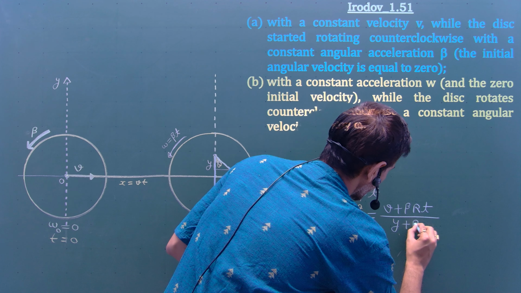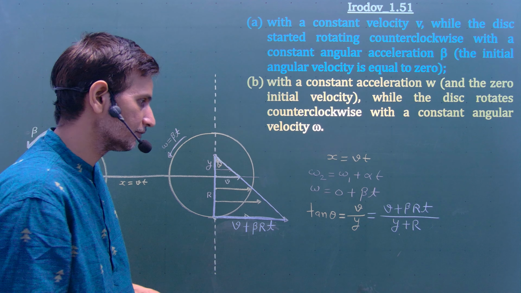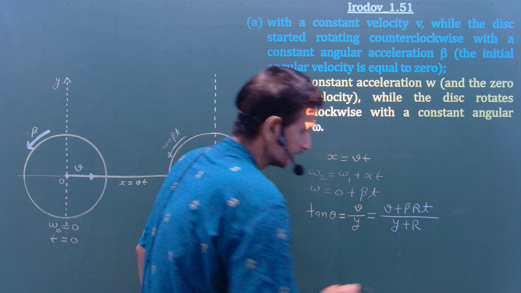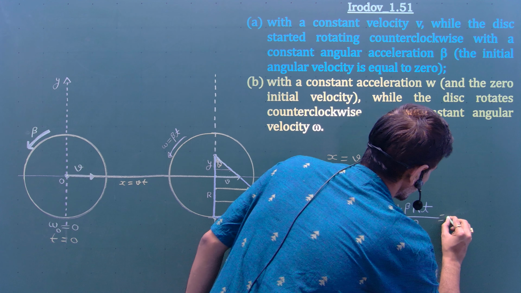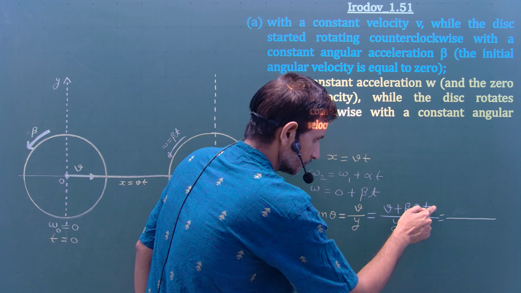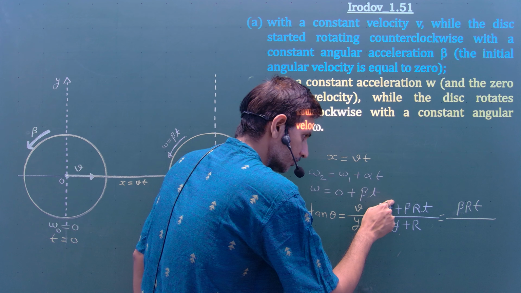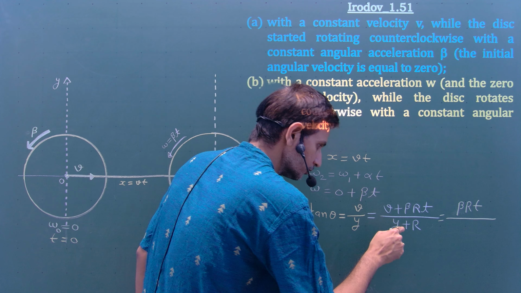Now from this equation I can easily find the value of y. For that I apply the componendo and dividendo rule. How to do that? From this upper part, subtract this part. So v and v cancel and it is equal to beta r into t. What I do to the upper part, I do the same thing to the lower part.